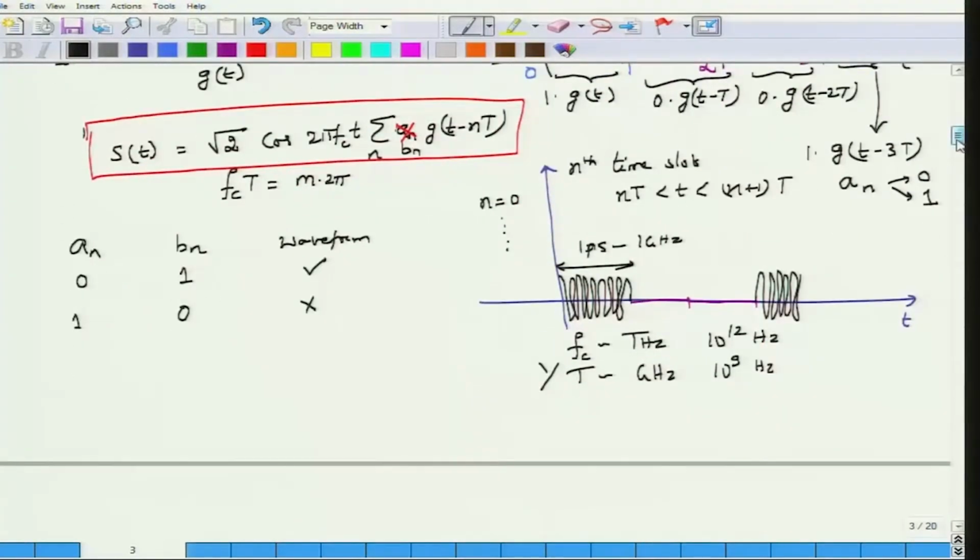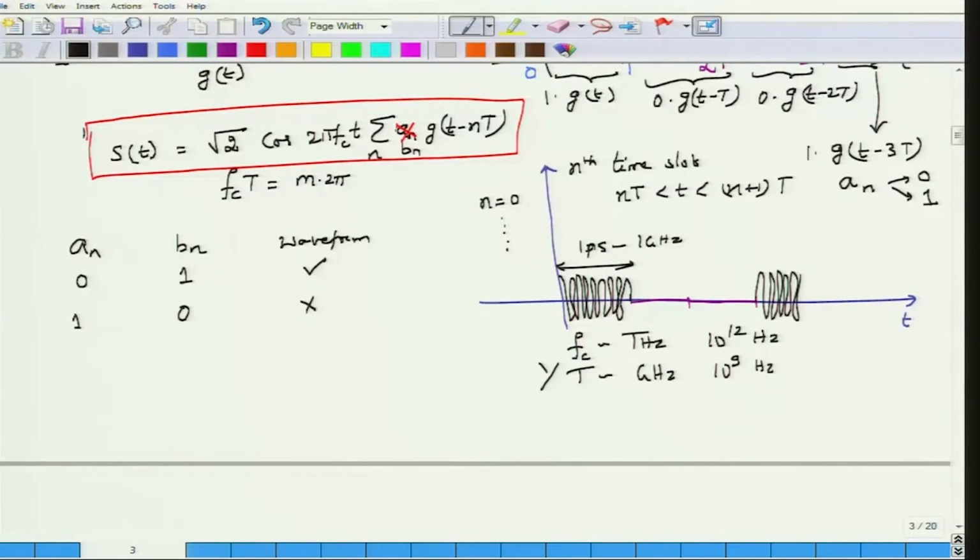So I can write down the passband signal s of t as the carrier that is getting multiplied by a number or the sequence bn. For every nth time slot, this carrier gets multiplied by this number bn, and this bn decides whether the carrier has to be turned on or turned off.